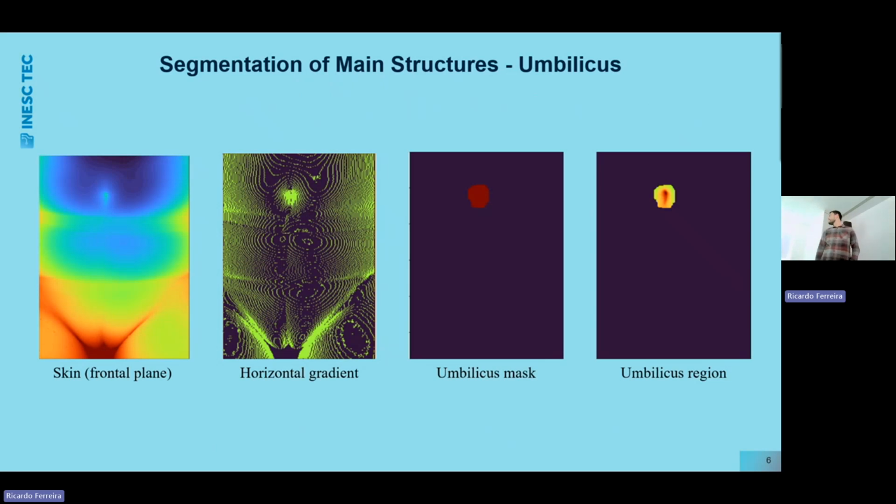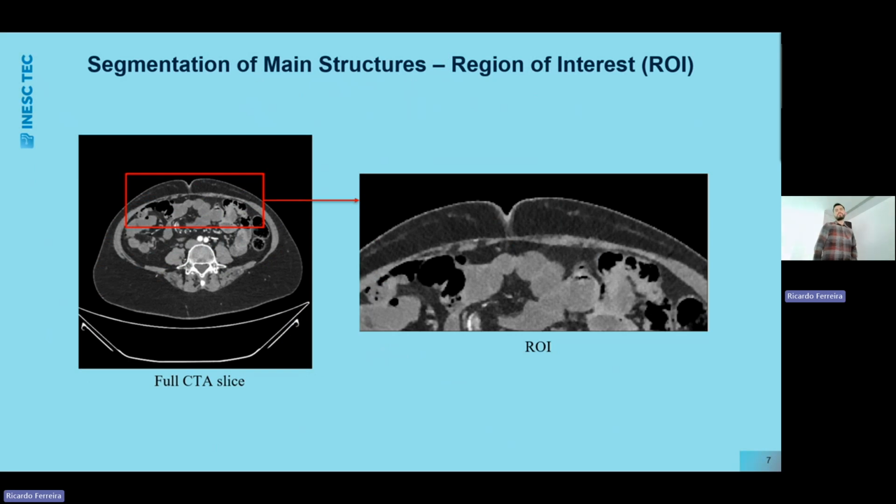It also automatically detects the umbilicus using a horizontal gradient analysis. It calculates the most probable mask and region. Also, it automatically detects the region of interest, taking into consideration the patient dimensions.